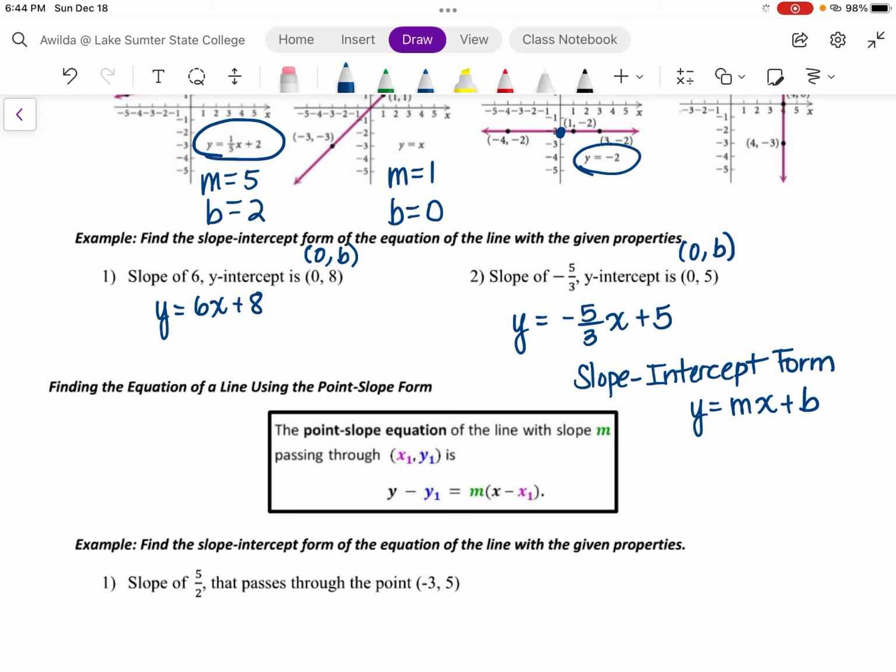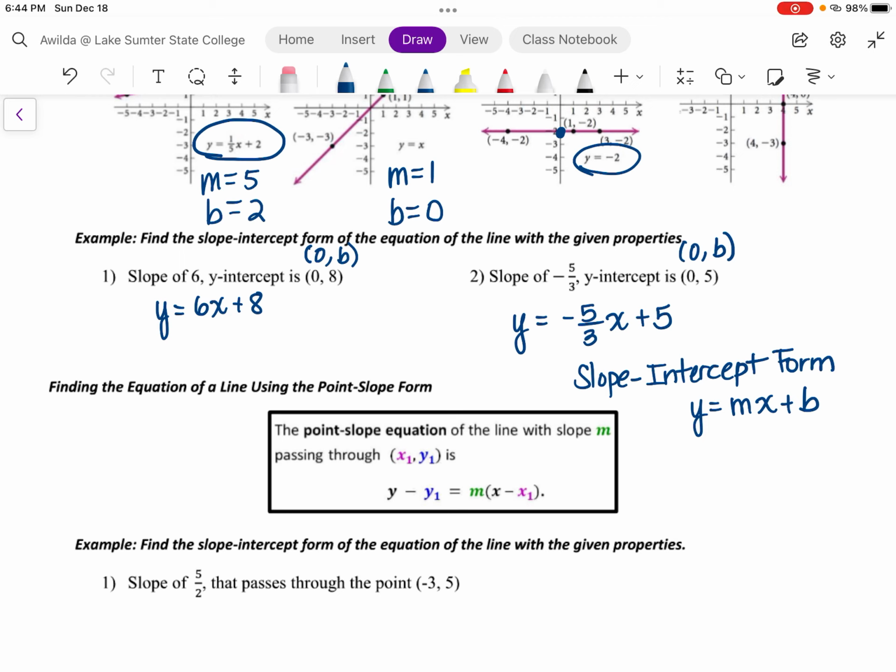Even though we don't have a second point to worry about, the x and the y variables are going to appear in the equation, and so we want to differentiate between what are variables and what are fixed quantities. So x sub 1 and y sub 1 are going to be known values. x and y without the subscripts are going to be variables that can take on multiple values.